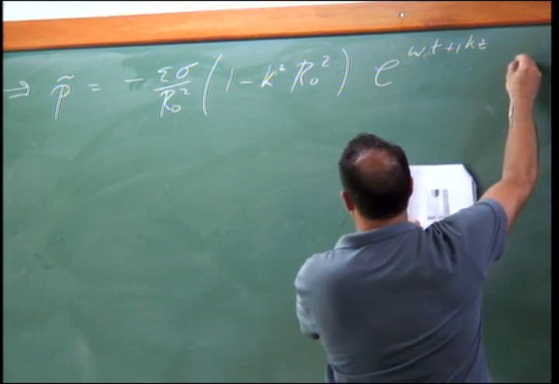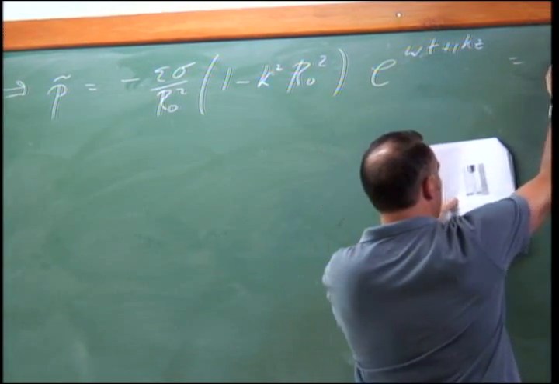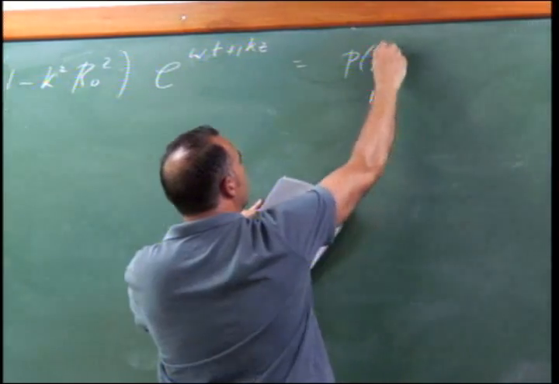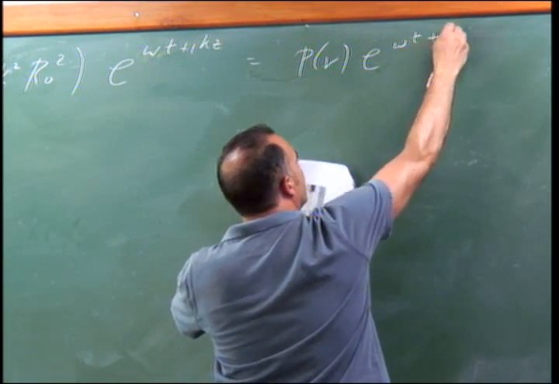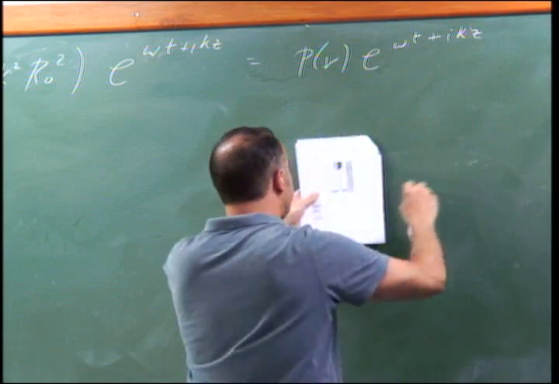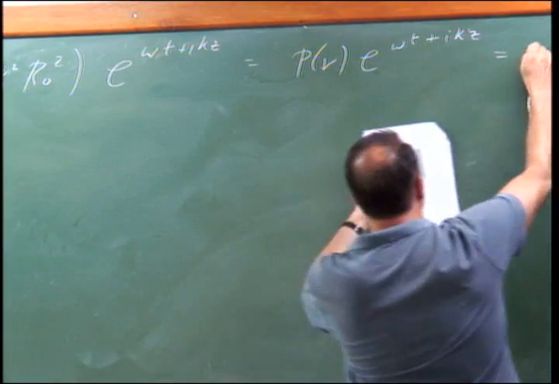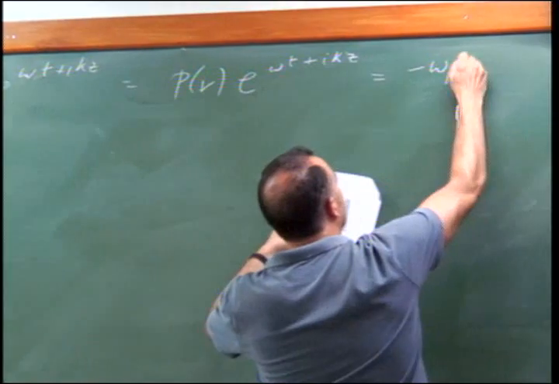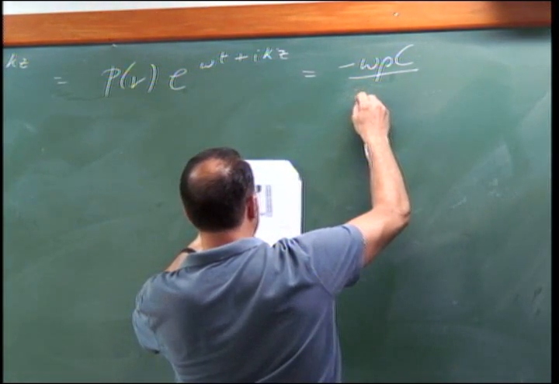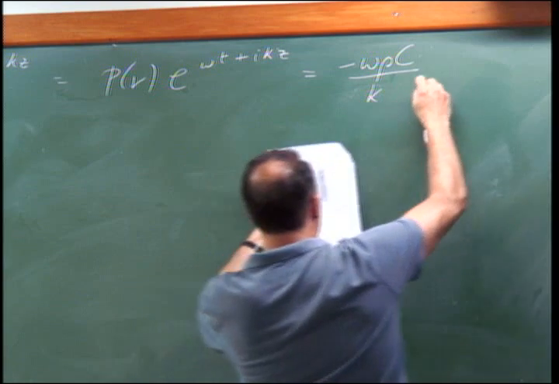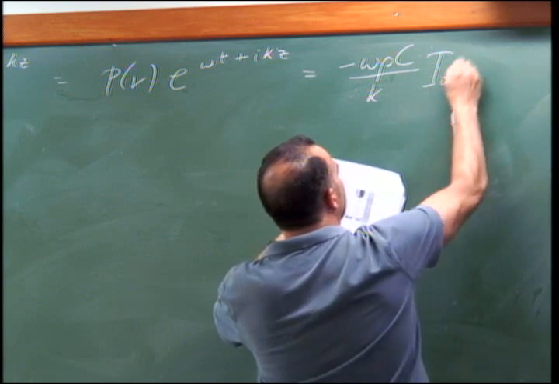Okay, so we know this is by definition E of R e to the omega t plus i k z. And we solved this already. This is going to give us C. Oh, we have C already, sorry. Or not.